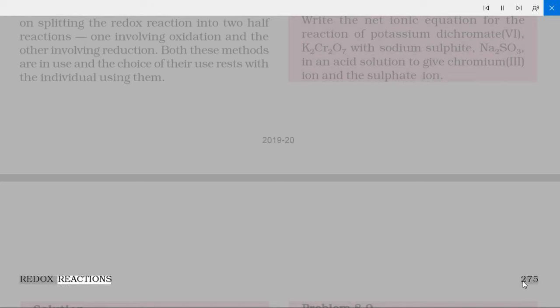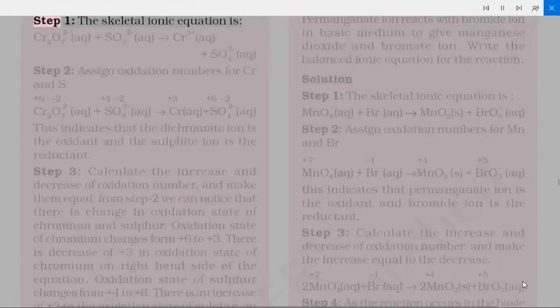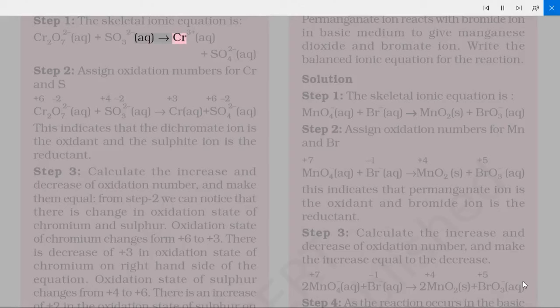Solution. Step 1. The skeletal ionic equation is Cr2O7^2- + SO3^2- → Cr^3+ + SO4^2-. Step 2.